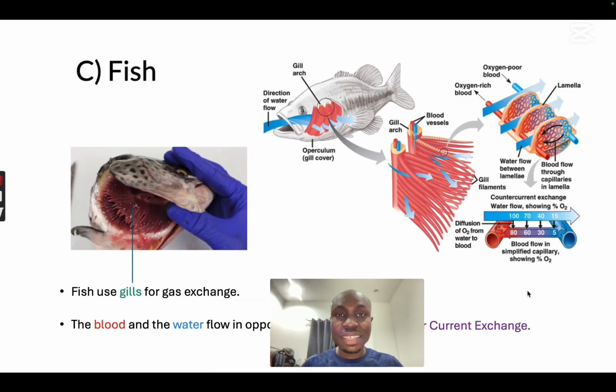The next organism is the fish. How do fish exchange gas? They use their gills. If you zoom into a gill, you're going to see this. It is made up of gill arch and gill filaments. If you zoom into the gill filament, you're going to see blood vessels and lamella.